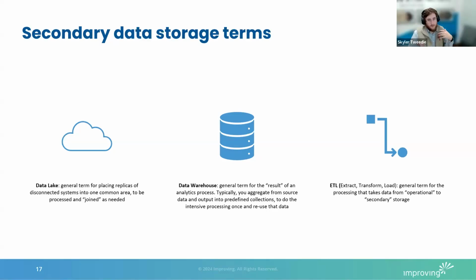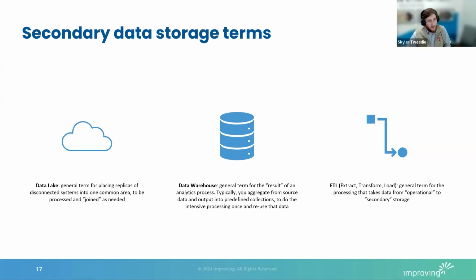But if you can do that aggregation, that processing once, and query it 10,000 times after that, and just look at the result, that's exponentially cheaper. And especially since you're not hitting your operational data, which is the whole point of these secondary data flows.